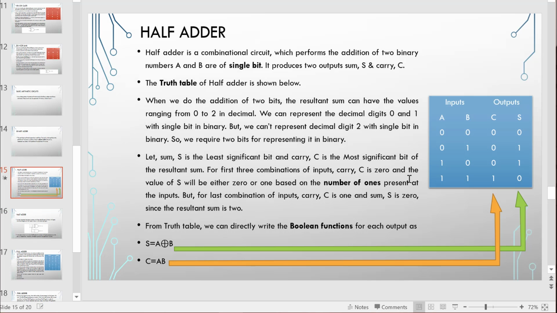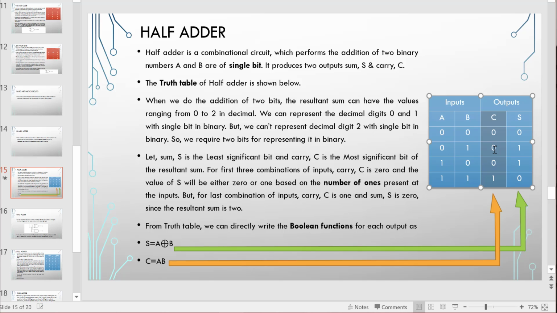Now let's discuss C. Now I will highlight C, and we will see that if there is 0 0, then we will get 0. If there is 0 1 in the input, we will get 0. 1 0 in the input, we will get 0. If 1 1, then only in this case we will get 1. As we have learned, this is the case of the AND gate, right?